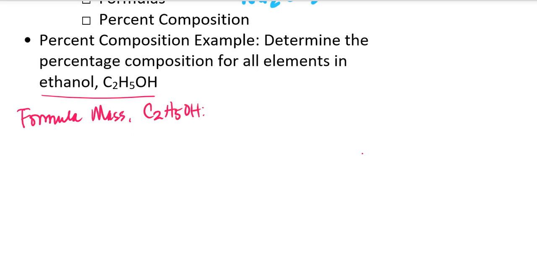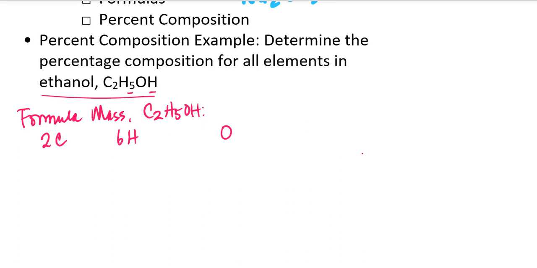And if you recall, basically what you need to do is tally up how many there are of each type of atom within the formula of the compound, and then multiply that number times the atomic mass for each of the atoms. So for example, there are 2 carbon atoms in ethanol, 6 hydrogen atoms in ethanol, and then there's also 1 oxygen atom in ethanol.